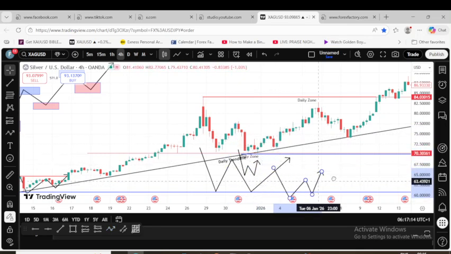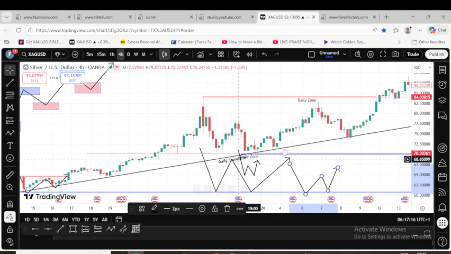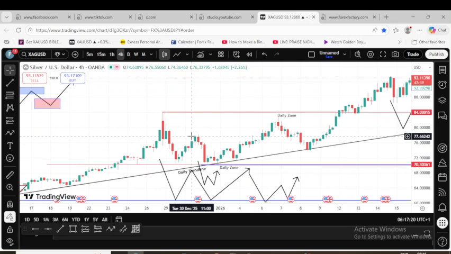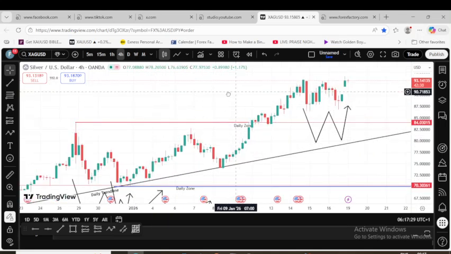So I can see all these W patterns, W patterns appearing within W patterns. So at this point, I should have been confident in taking a buy from this point.